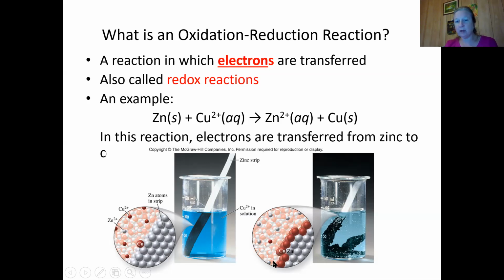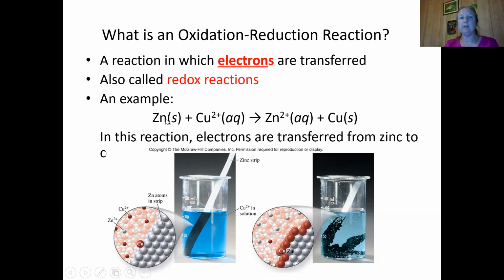You see, you get this little fine line, and at the end of the reaction, this entire surface of zinc will be coated with copper metal, and the zinc that gives its electrons up will become ionized and will be floating around in the solution as zinc ions. Now, one thing about redox reactions, they can only go in one direction.